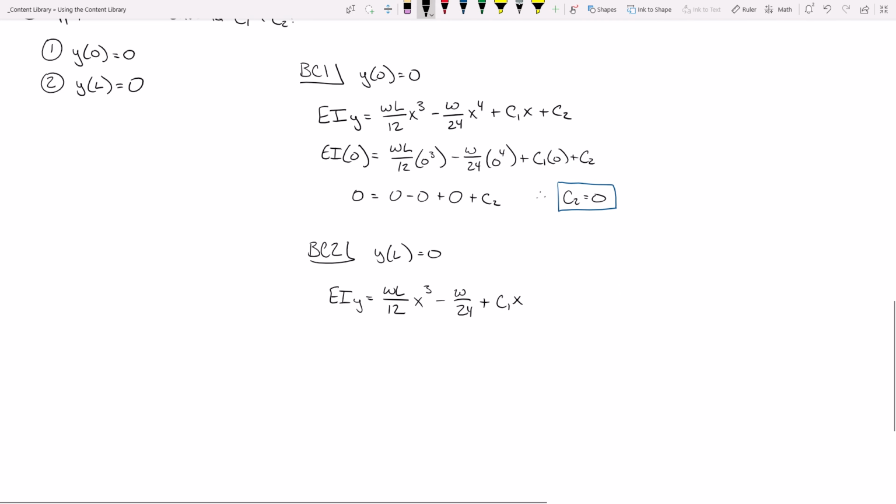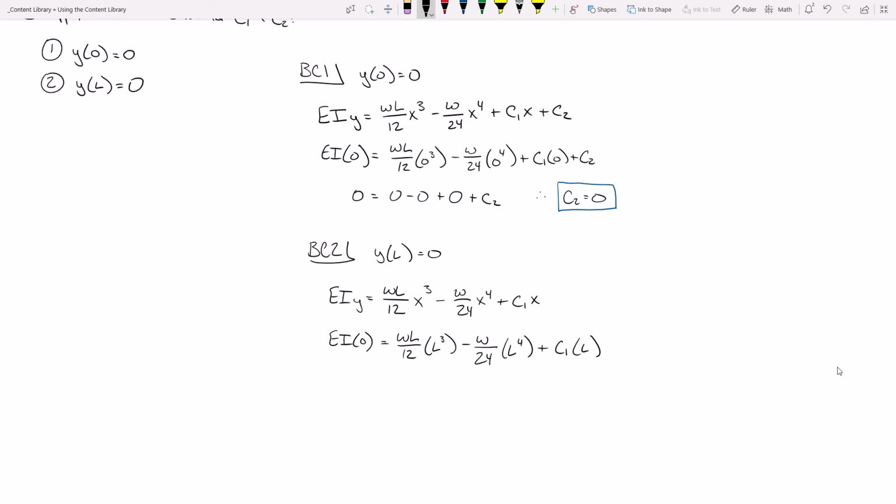So what do we do? EI times 0 is WL over 12 times L to the third minus W, oh, see, I forgot something. That's x to the fourth plus C1x. So W over 24, L to the fourth plus C1 times L. Y'all see what I did?